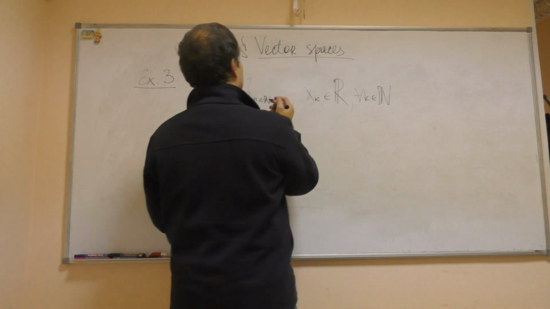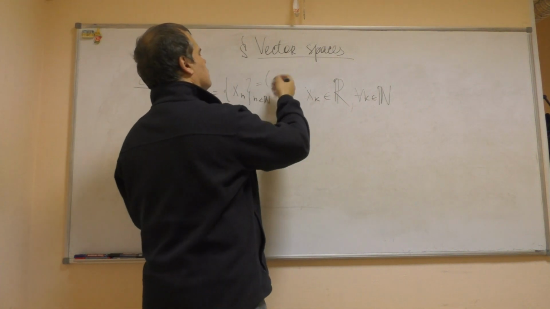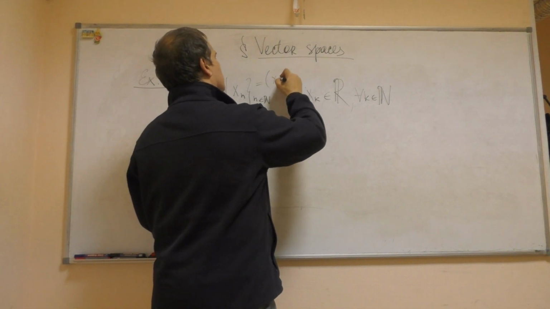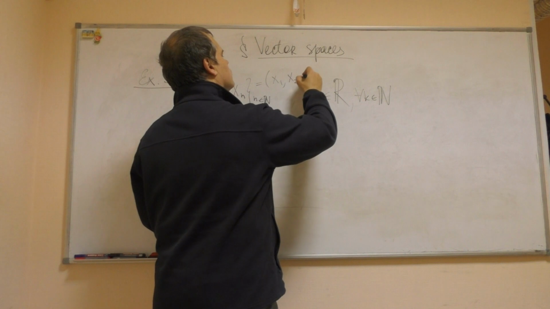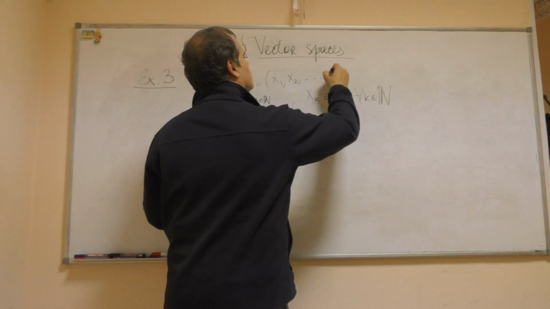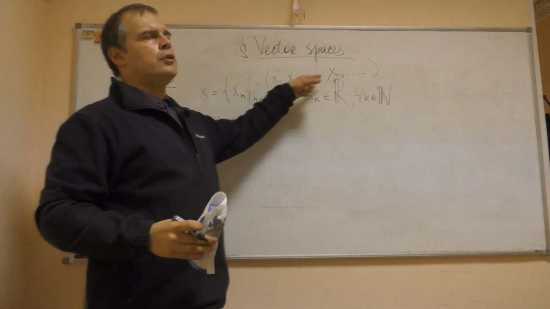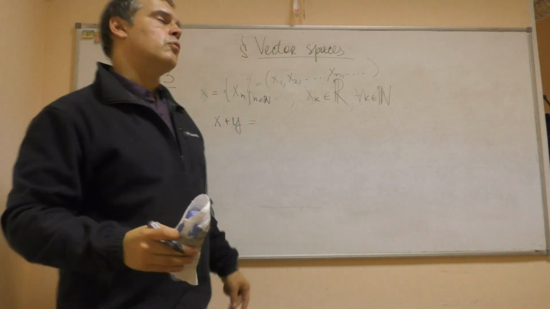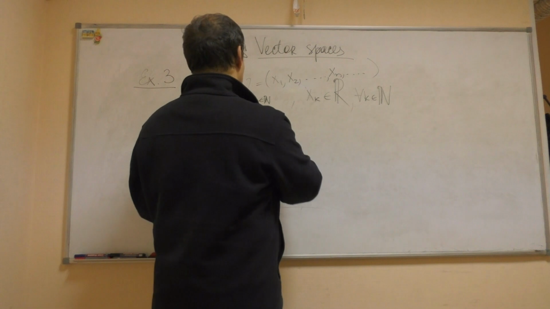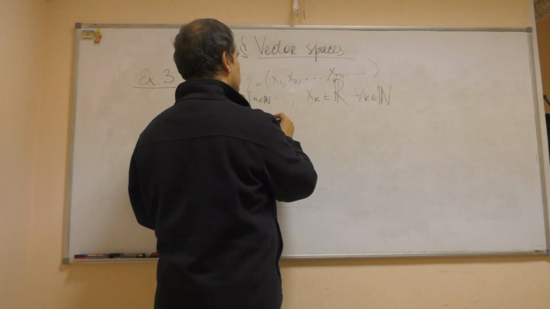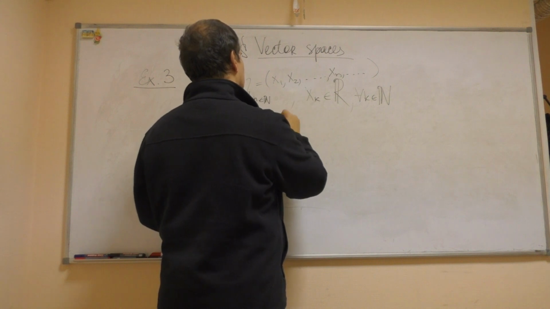Another designation for this sequence is like this: x1, x2, and so on, xn. Unlike a vector, here we have an infinite number of coordinates. So the sum of two sequences is defined like this.